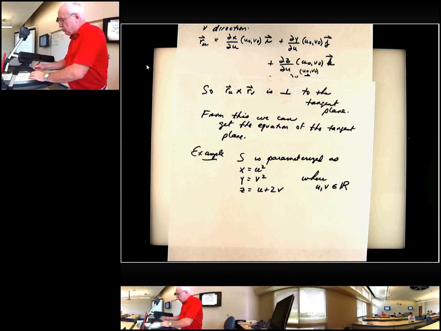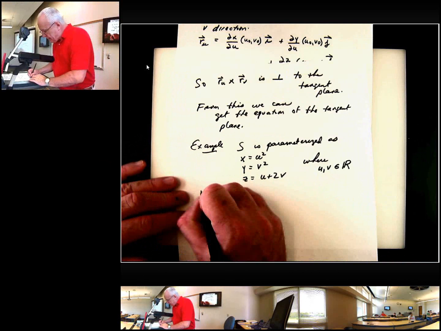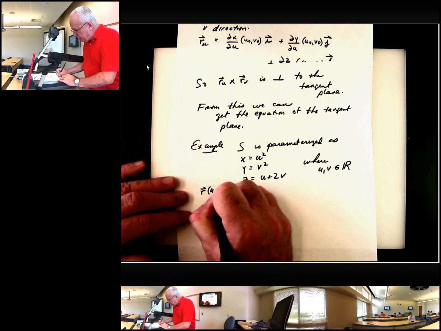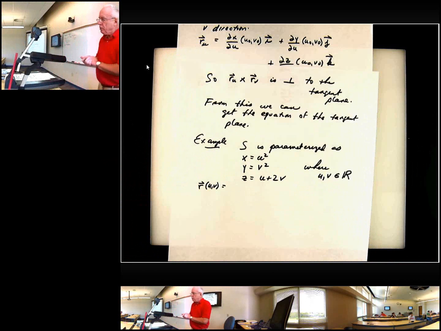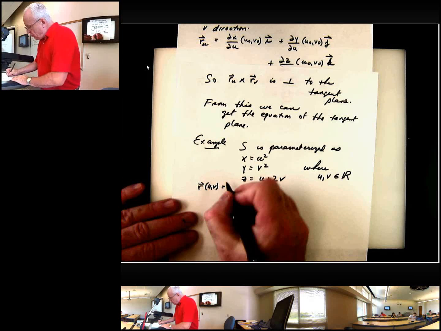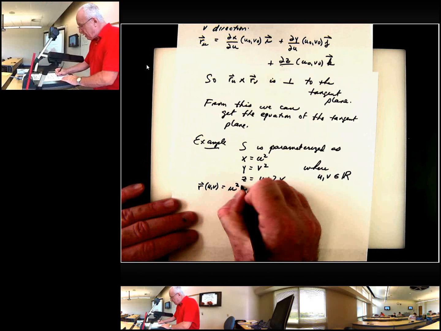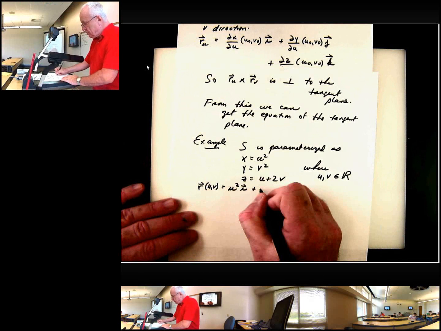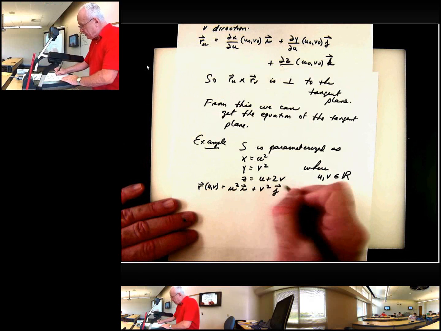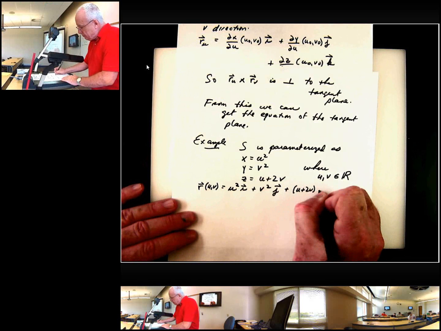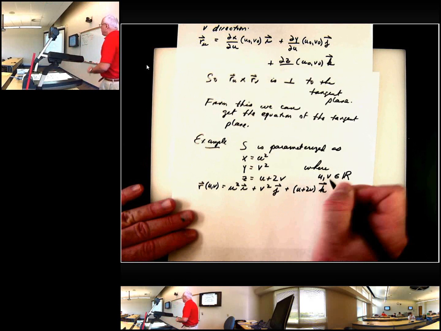And of course, what I'm really saying here is that the equation of F can be written like this: vector r of u, v is equal to u squared times the i vector, plus v squared times the j vector, plus u plus 2v times the k vector. That's just another way of saying it.